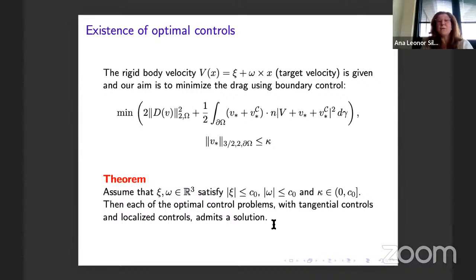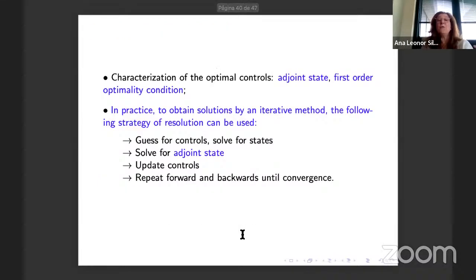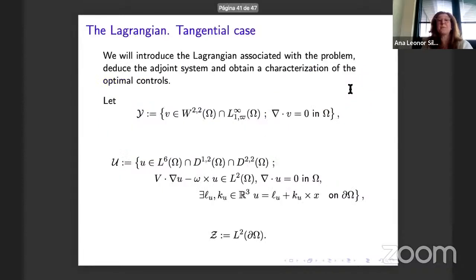Some of the estimates that we obtained before are very useful to show the existence of optimal controls. Now we want to characterize also the adjoint states, and we want to give a first order optimality condition.